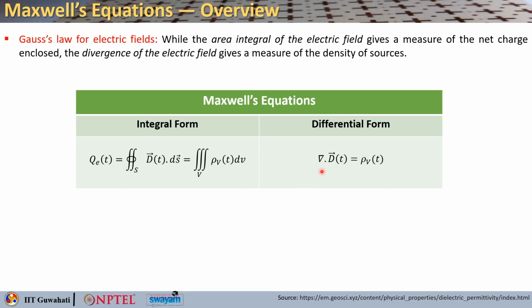But when you go for the divergence, it gives you the measure of the density of sources. So, the divergence of D gives you rho v. It is important to understand that both forms are correct. Maxwell's equations can be written in the integral form as well as in the differential form.